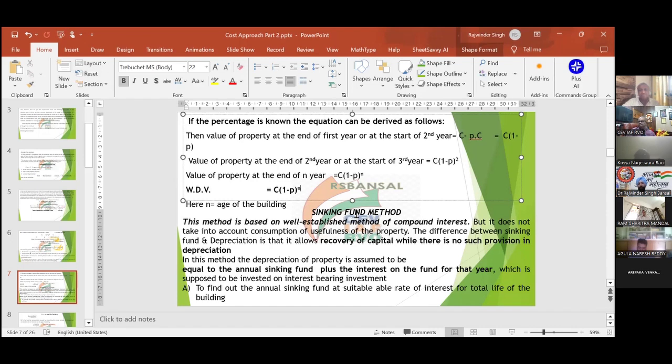In both of the first two methods, usefulness of the asset was taken into consideration, but this method will not take into consideration how much usefulness of the asset has been consumed.